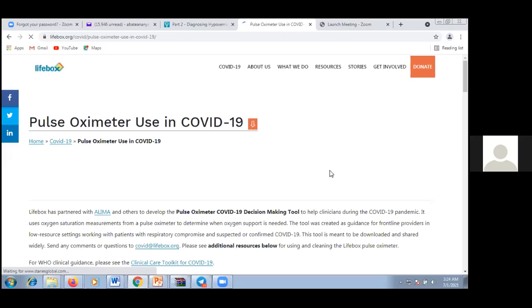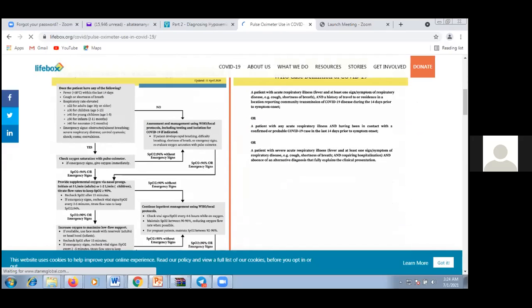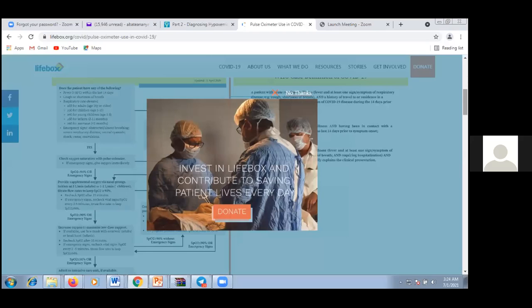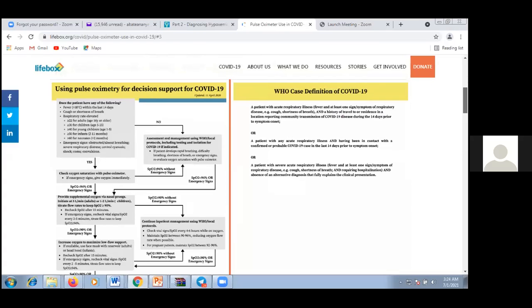Now, the tool is here. I'm not sure if you can see from this font, but they have the tool to diagnose COVID-19, and we have seen it in our last month's session.